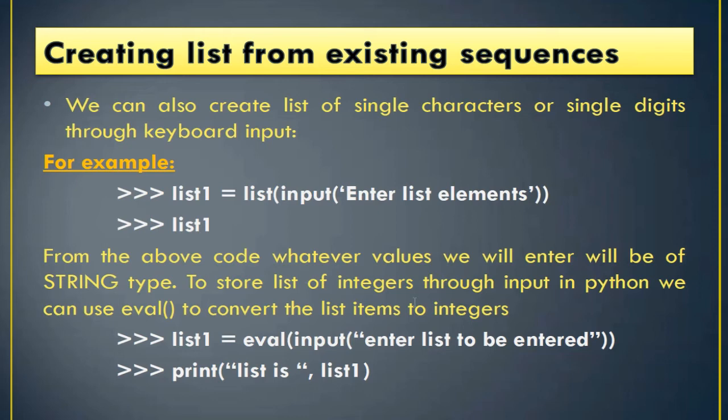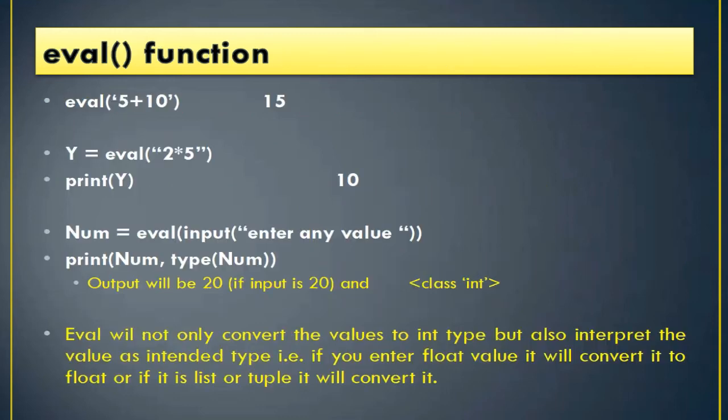To store a list of integers through input in Python, we can use eval to convert the list items to integers. By default we get a string type, but if you want to store integers, the eval keyword has to be used. Like list1 equal to eval of input, enter list to be entered. Then whatever list you are entering, you have to write that.